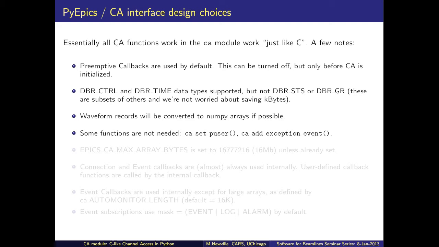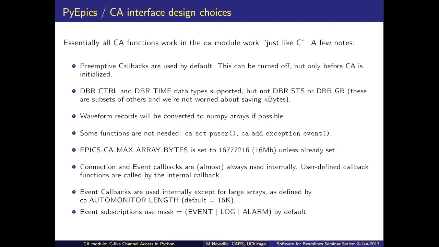So you can get the control and time data types. Those are supported. But the severity time status and the graphical ones I didn't translate because they're subsets of the other ones. And waveform records are converted to NumPy arrays if possible. Otherwise, lists are used. And some of the functions are just not needed, like add exception event. You can just raise an exception from within Python.